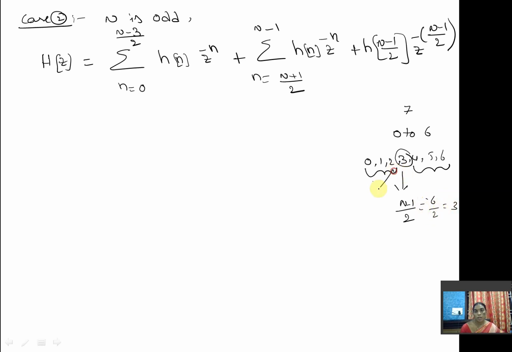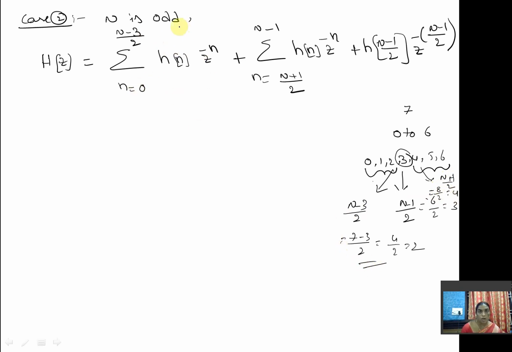See this, this is nothing but n minus 3 by 2. That means 7 minus 3 by 2, what is that? 4 by 2 means 2. So in such a way, this means n plus 1 by 2, that means 7 plus 1, 8 by 2 means 4. In such a way, right?